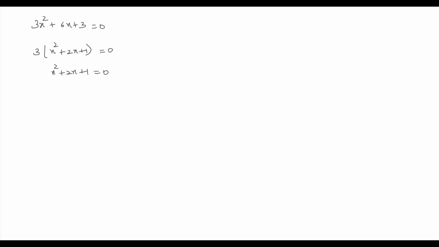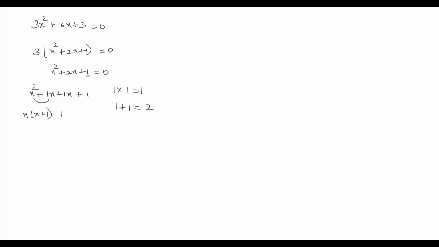Now using the splitting method, find the factors of 1. 1 into 1 is equal to 1, and 1 plus 1 gives us the middle term 2. Hence x square plus 1x plus 1x plus 1. x is common in here.